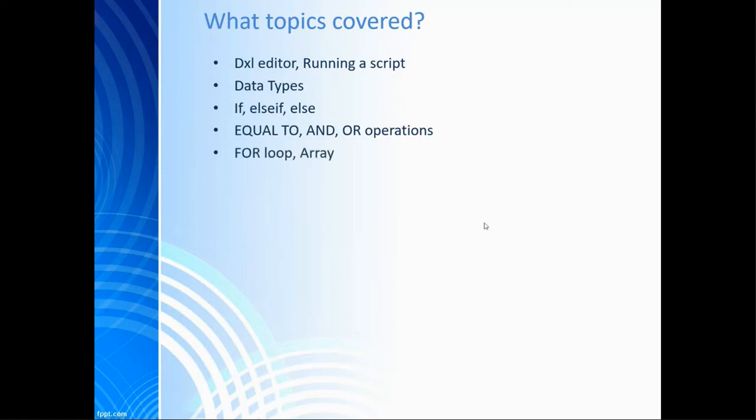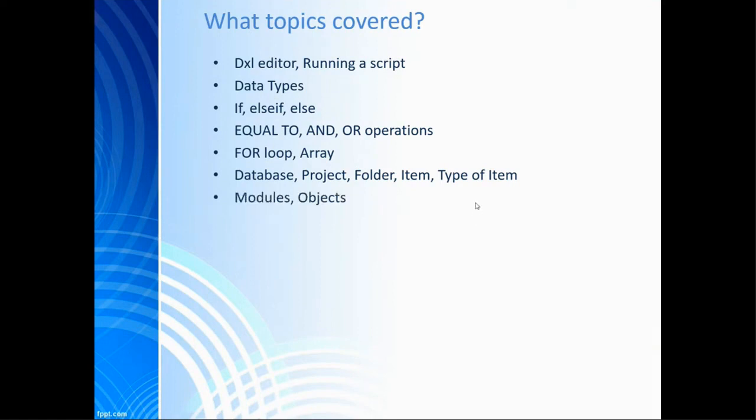I will explain for loops and arrays in DXL, and I will explain the DOORS database, project, folder, item, and type of item. I will explain how to extract the folders and projects in the database, and how to display the items and type of the item from the database, projects and folders.